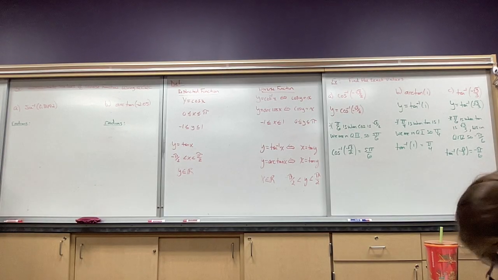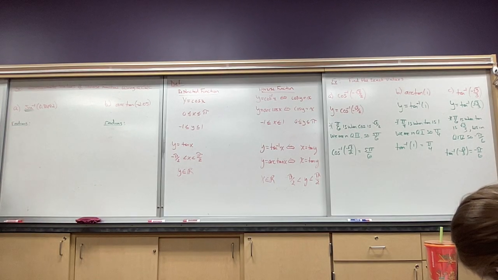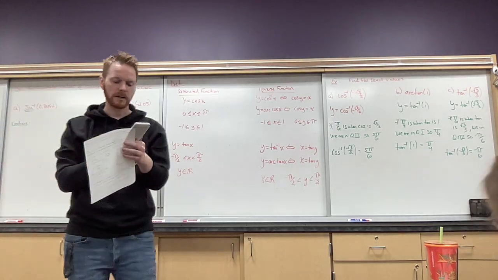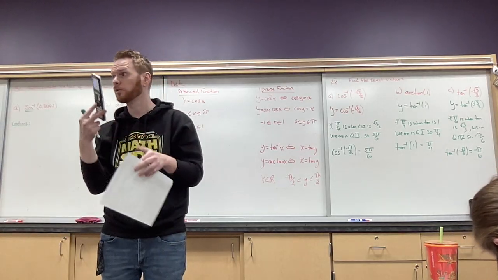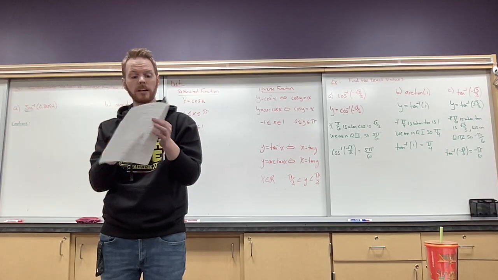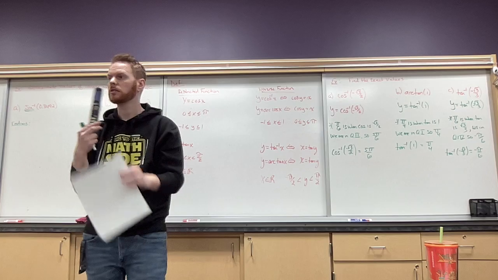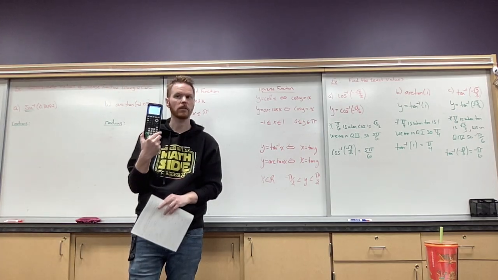Okay, now how do you access the inverse part, right? You don't want to hit sine, okay? But if you look above the sine button, you see the inverse in blue. So to access it, you need to hit the blue second button. So hit second and sine, and it'll pop up for you, okay?